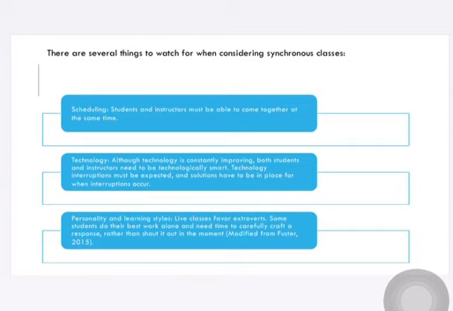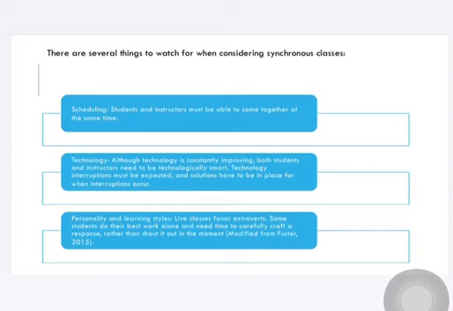For example, if one of the students or the teacher has a problem with their internet connection, he or she must have a plan B to transfer the information to the students at the same time.